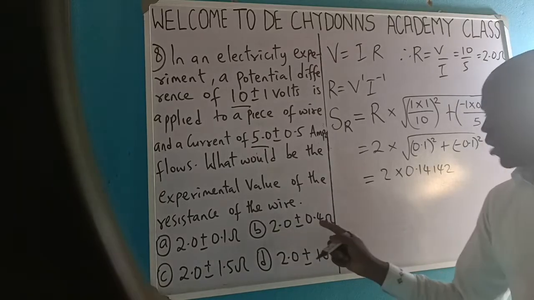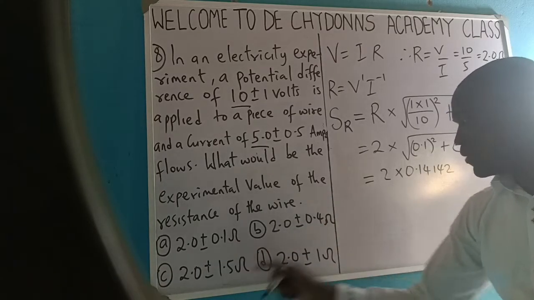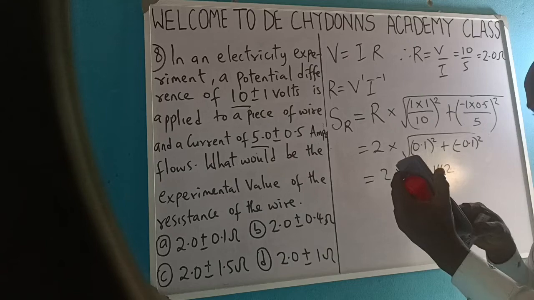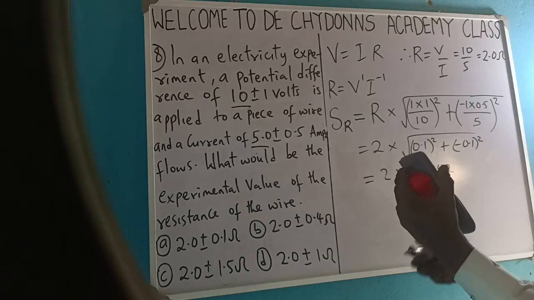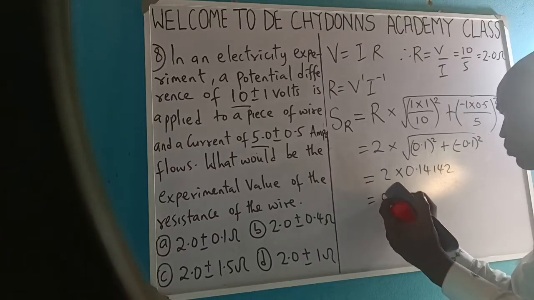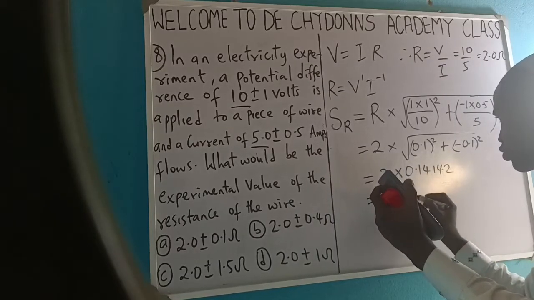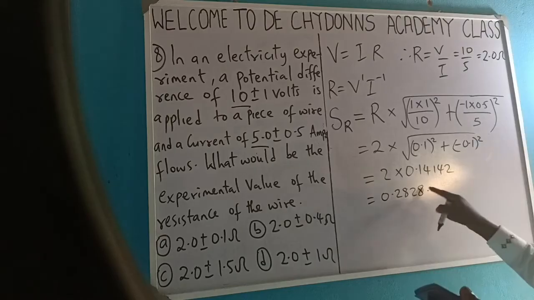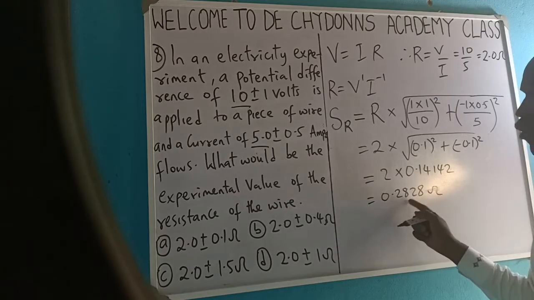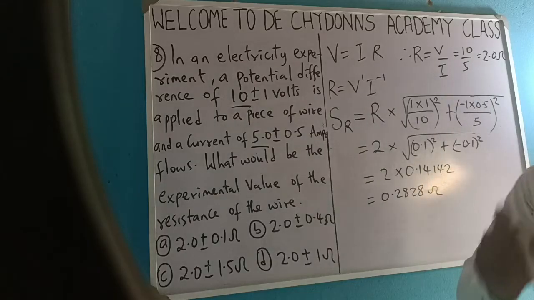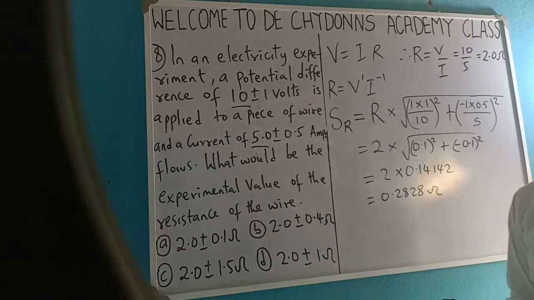Okay? But the options are in 1 decimal place. 2 times this, that will be giving us 0.2828 ohms. See, look at the error we encountered in getting the effective resistance of the resistor.